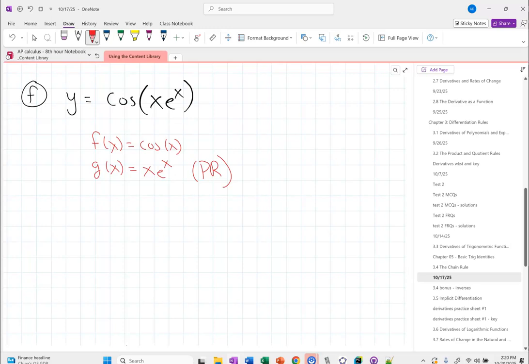So pretty cool. All right, we start the same way. The derivative of the outside is negative sine, and I'm going to say just stuff at this point when we're doing these chain rules. You just say negative sine of stuff, and then times the derivative of the inside.